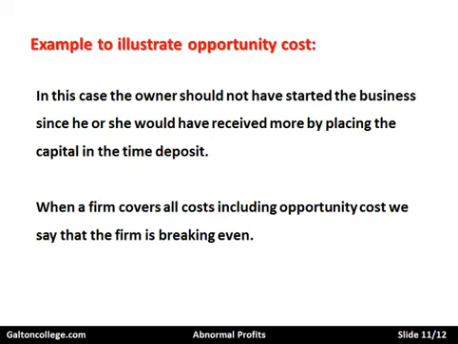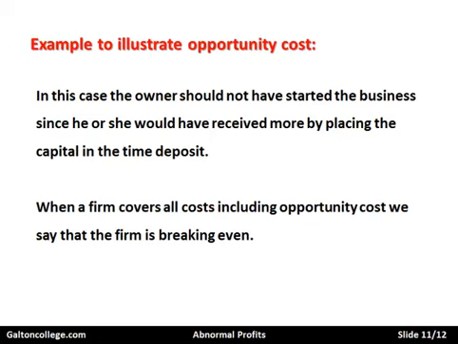Now, any revenue over and above total costs in an economic sense, total costs being the explicit costs, the costs of raw materials, labour, capital and land and so on, all the bits and pieces that go to make a business, plus what we sometimes call the implicit costs, or if you like, the opportunity costs.